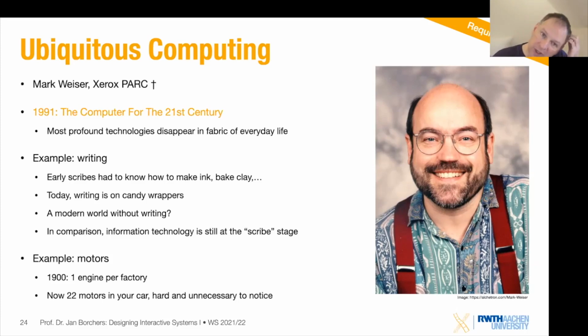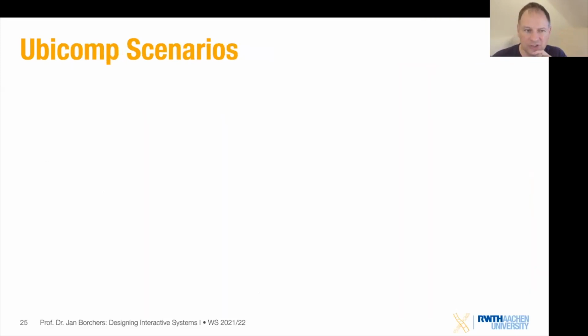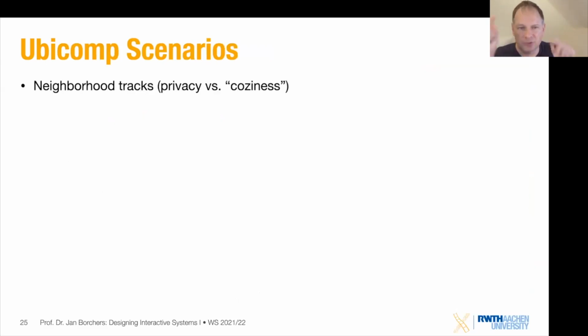The article from Mark Weiser describes a couple of scenarios of how he envisions computers to work in the 21st century if they are really supposed to become ubiquitous. The first scenario is one where somebody's making themselves some breakfast and then looks out of the window, and the window shows, in an AR display, the tracks of the neighbors.